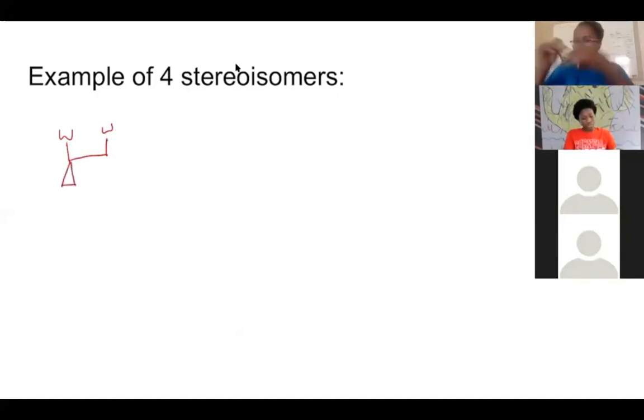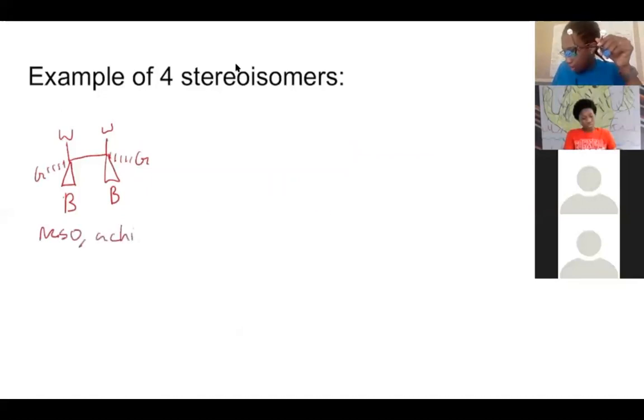Let me turn it around so then it's actually true. We've got the blue ones coming out towards you, and we've got the green ones going back behind. This compound is meso and achiral. It's got a plane of symmetry right there. The 2 sides are completely the same. So this one is achiral.